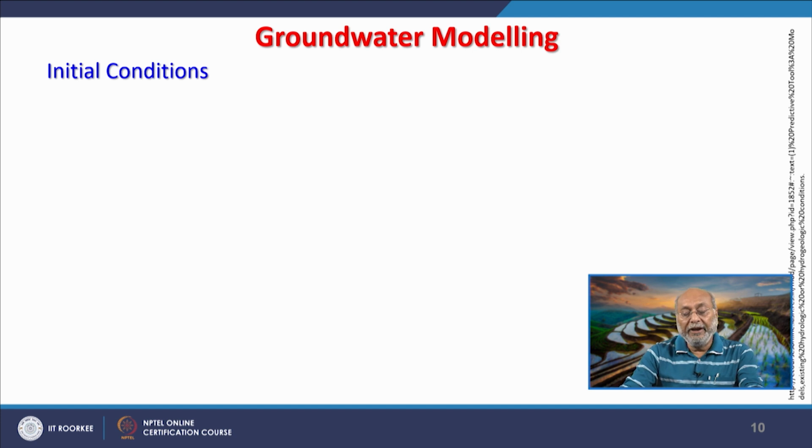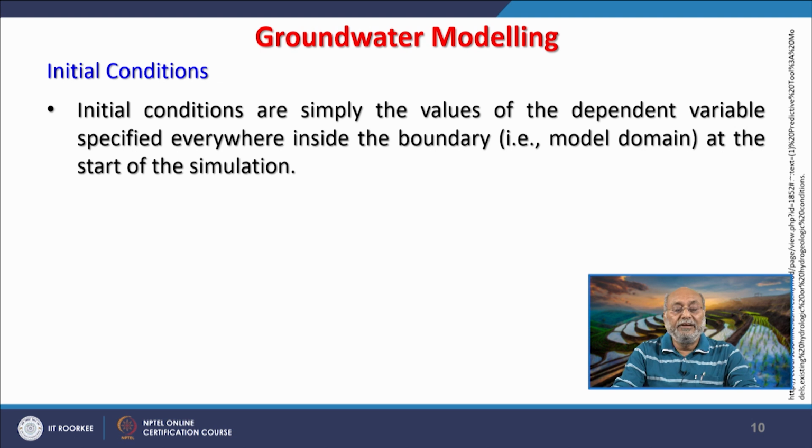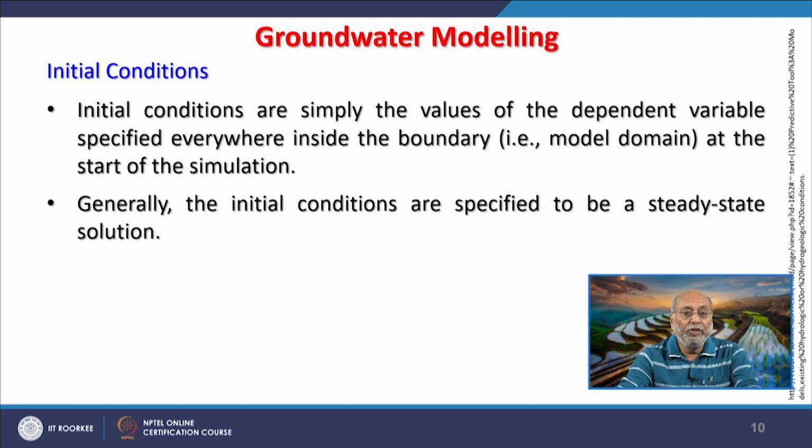Now, another point which we also touched on initially, that is the initial conditions. After boundary conditions, initial conditions are simply the values of the dependent variable specified everywhere inside the boundary, that is the model domain, at the start of a simulation. Because the ultimate purpose of all this modeling is to predict our groundwater flow and other things, these are also, one can say, a simulation of the real situation.